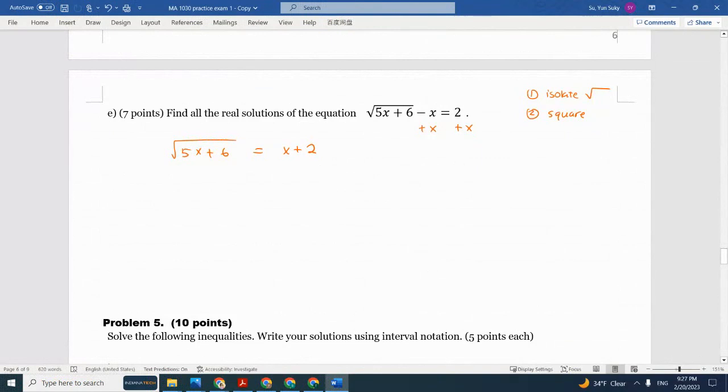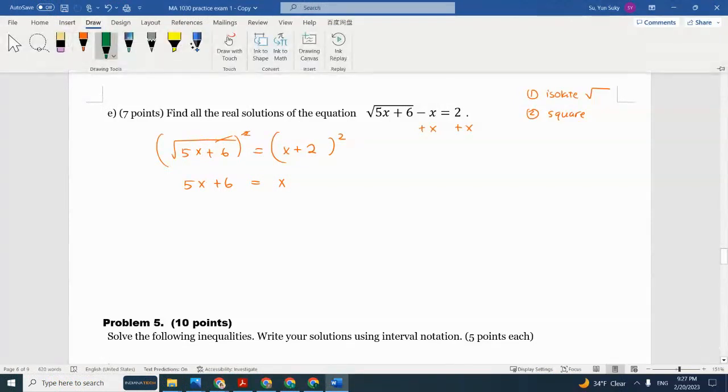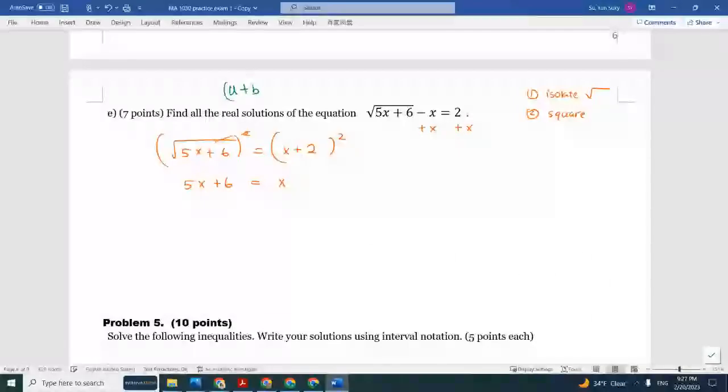When we square it, square and square root cancel. 5x plus 6 is x plus 2 squared. Well, if you are familiar with the formula, a plus b squared is a squared plus 2ab plus b squared.